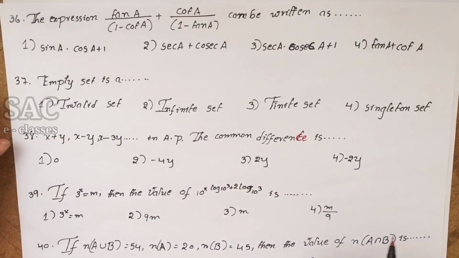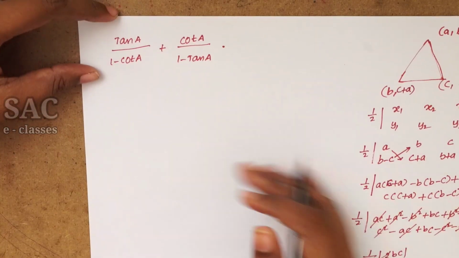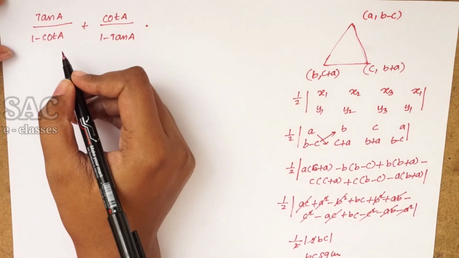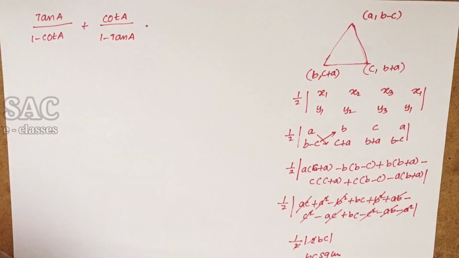The expression tan A by 1 minus cot A plus cot A by 1 minus tan A can be written as. First of all, whenever you want to simplify this kind of problem, observe the options: everything is in sine, cos, secant, cosecant, like that.